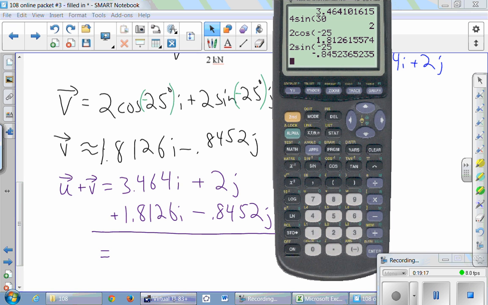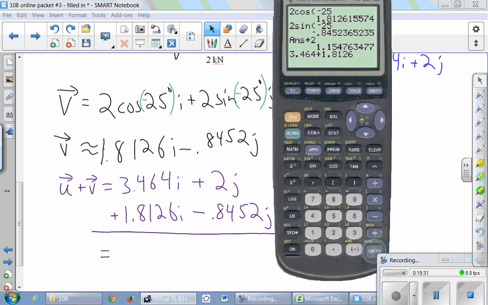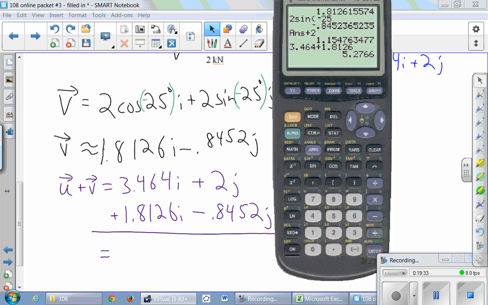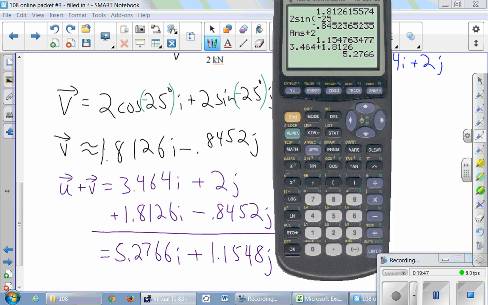So first I'll add 2 to this number, and then the other one. So we get 5.2766i plus 1.1548j, we'll say.